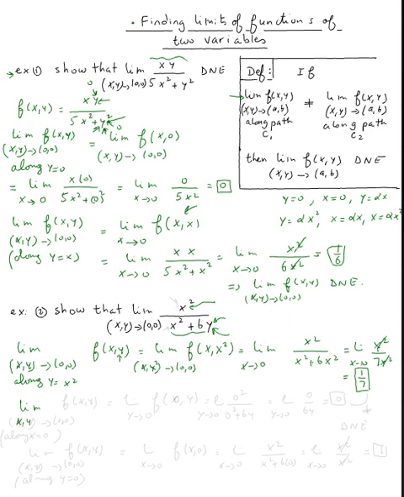Limit as xy approaches 0, 0 of f of xy along the y-axis means x equals 0, along x equals 0 will be equal limit of f of 0, y, as y approaches 0 this time.